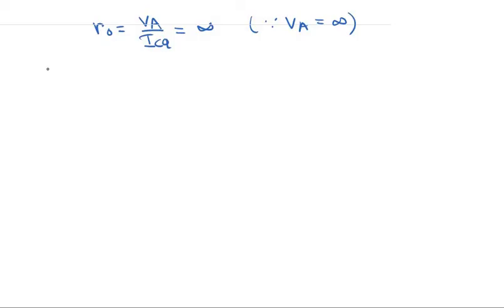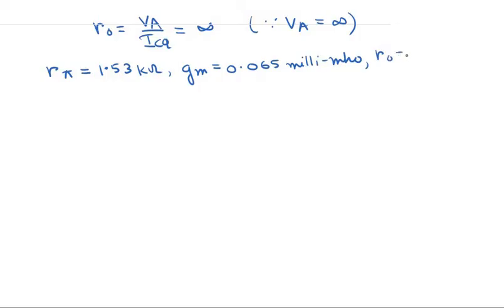One is r pi, which is equal to 1.53 kilo ohms. gm is equal to 0.065 millimho, and r0 is equal to infinity. So this is the answer of question number 1.